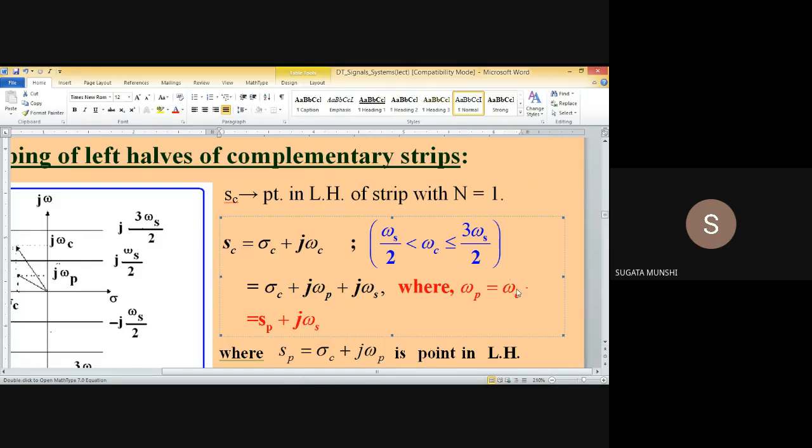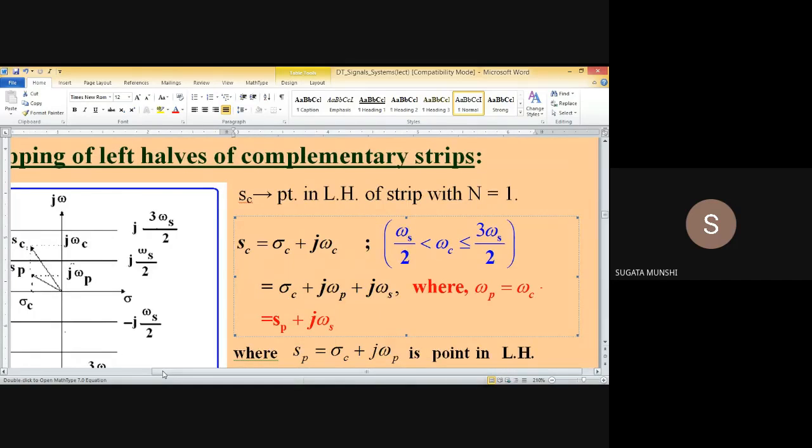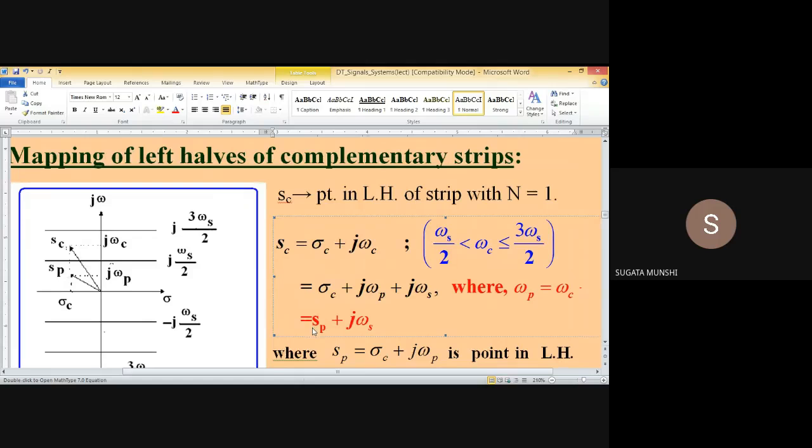Omega p is equal to omega c minus omega s. All right. So that can be written as SP, sigma c plus j omega p. If you look at the figure, it is actually SP. So it's SP plus j omega s.